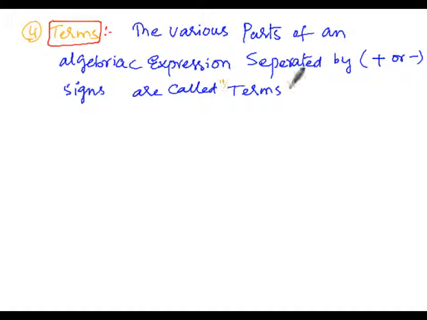So here let us perform one of the examples. In this first example, 3x minus 7y.